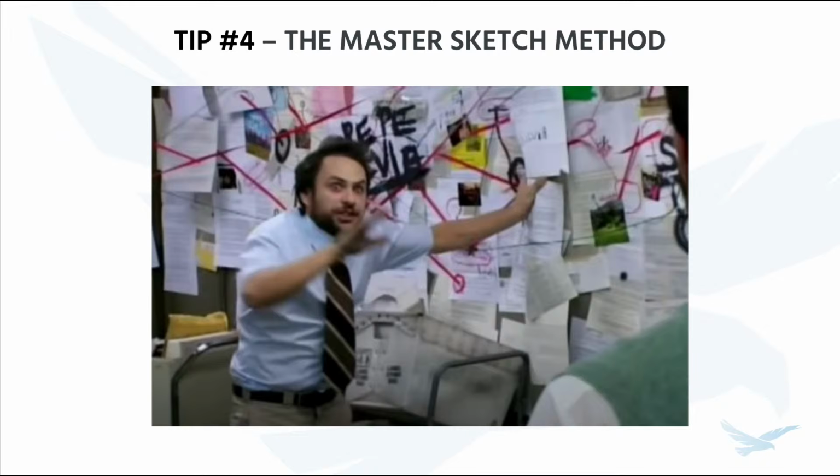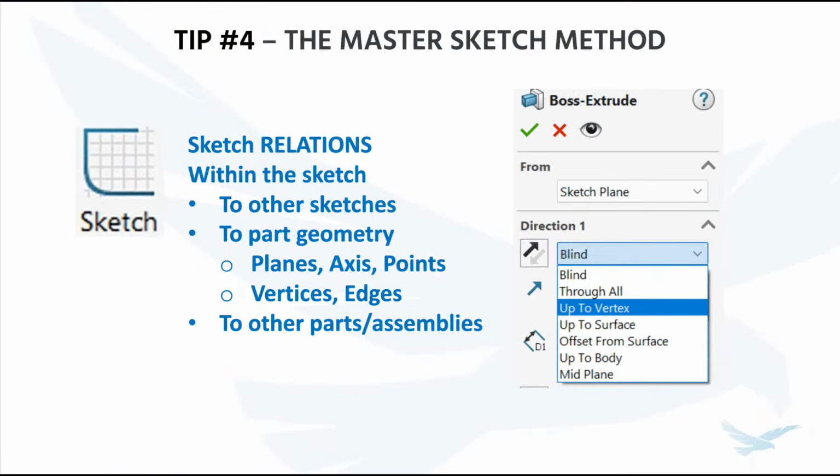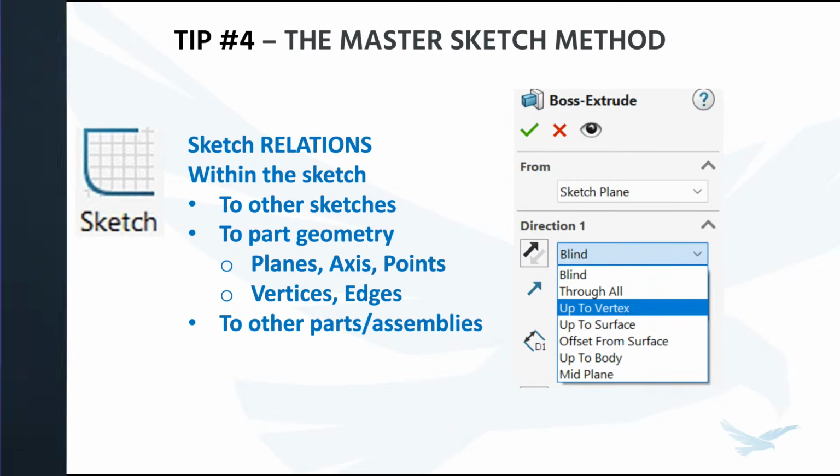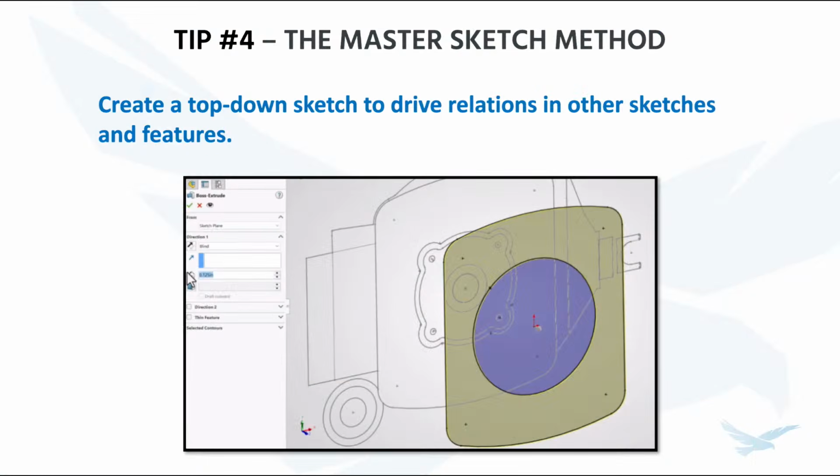So let's talk about top-down design methodology. A master sketch method can be a beneficial use of a sketch to generate the overall design. You could have multiple components being driven by one resource. This one resource is going to have a relationship.